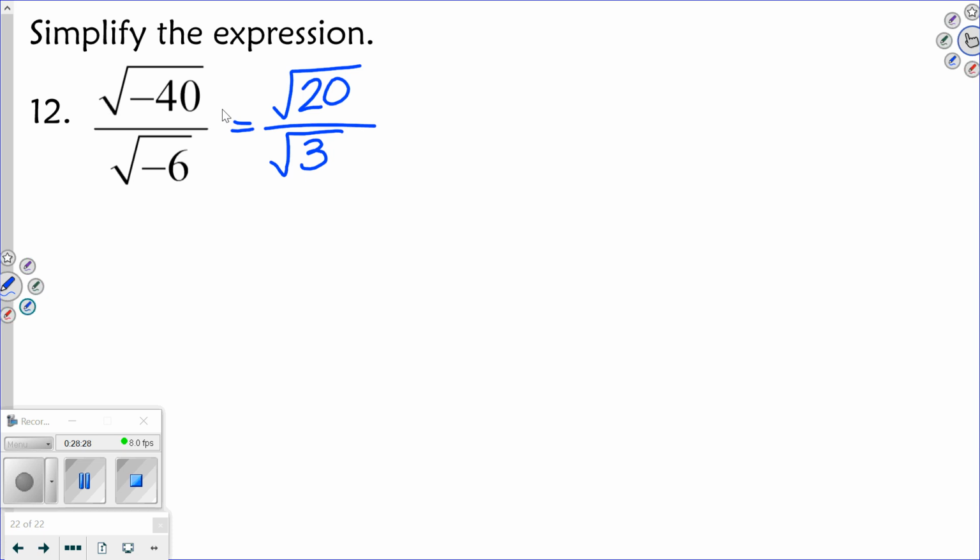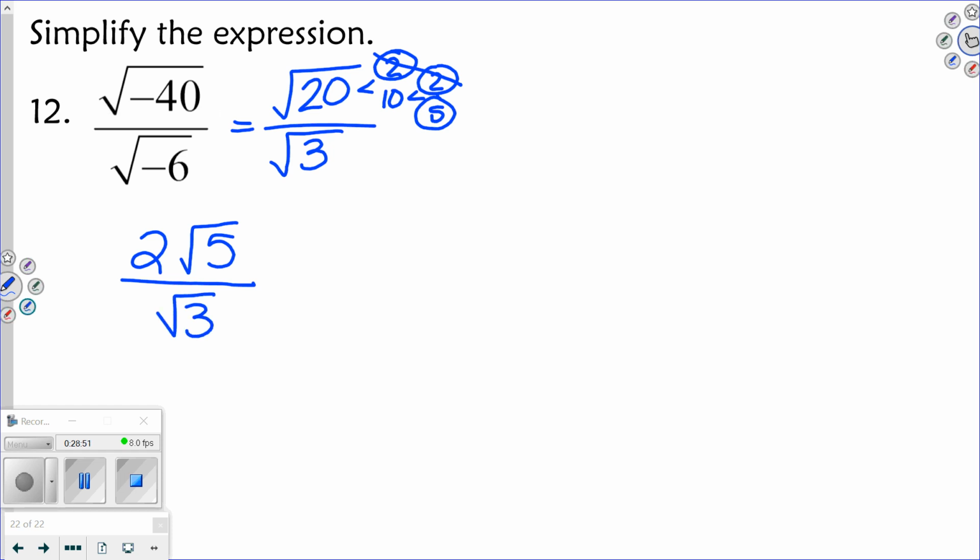All right, next step, step 3, is to do your factor trees on each radical. Okay, I can do a factor tree on 20, and I can find some pairs. So we have a pair of 2's, and I have a leftover 5. Factor tree on the 3? No, I'm not going to get any pairs, so that stays a radical 3.